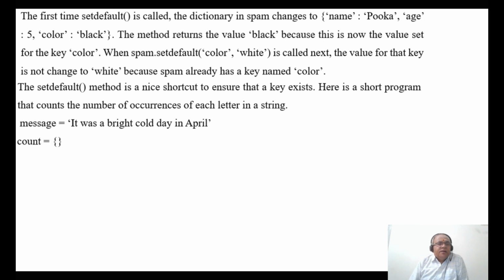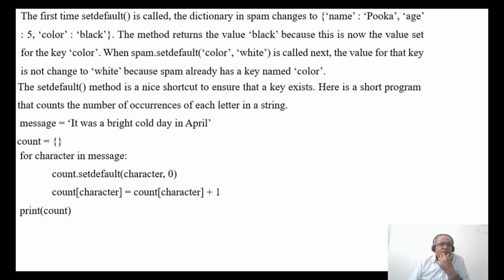First, I am going to take count equal to an empty dictionary. Why am I using a dictionary? Because I want to take the character as the key, and the number of occurrences becomes the value. So for character in message: is the character existing in message? Yes, because the character is there. count.setdefault(character, 0).